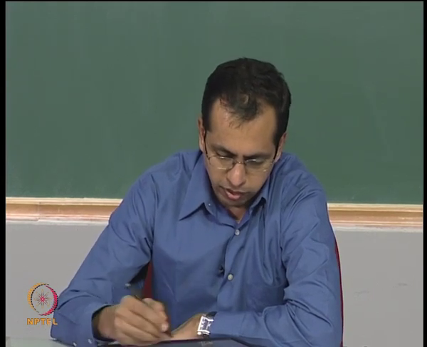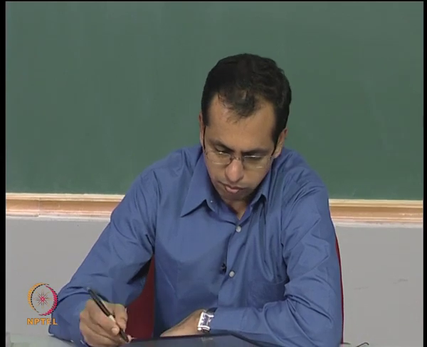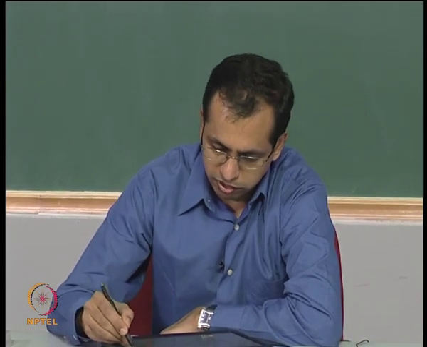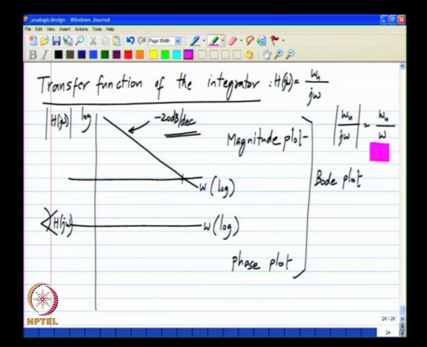And where does it reach unity? It is very obvious. This function reaches unity when omega equals omega u. So, the magnitude of the integrator's transfer function reaches unity when omega equals omega u. In fact, it is for this reason that the particular symbol is chosen. Omega u is the unity gain frequency of the integrator.